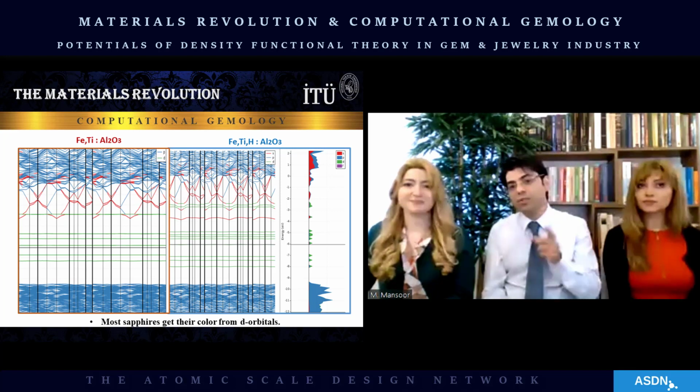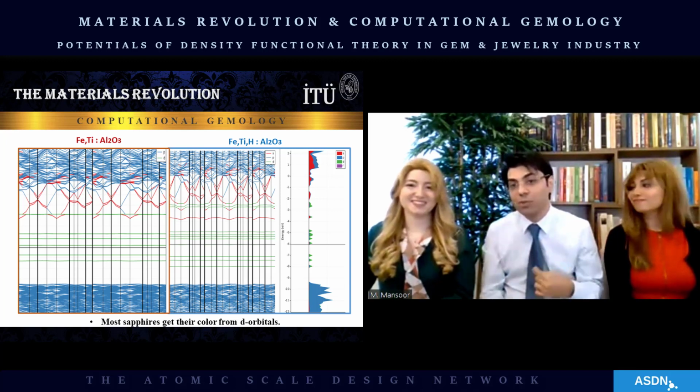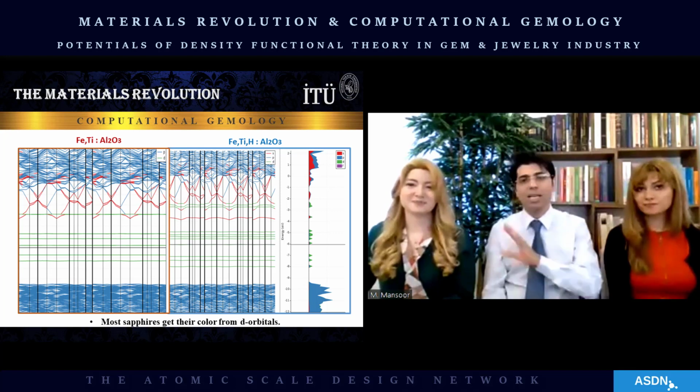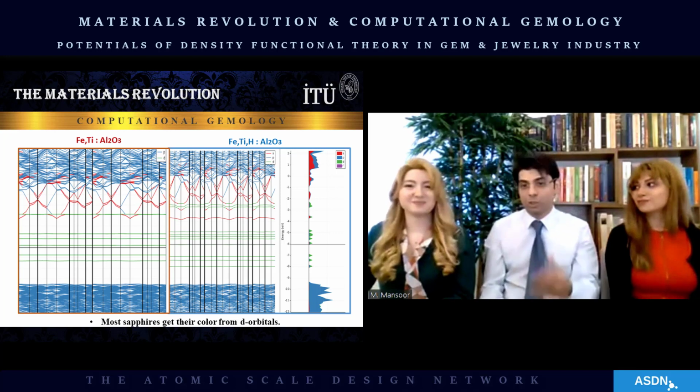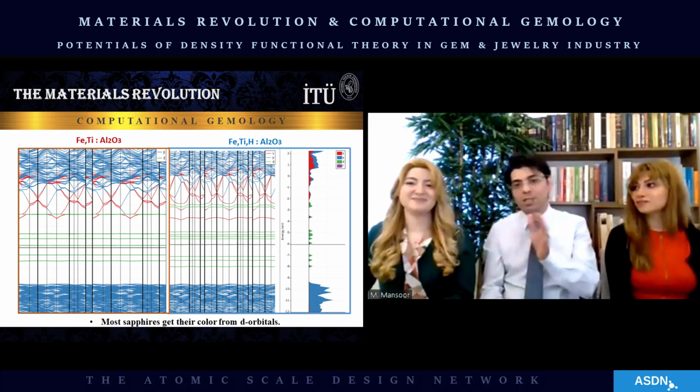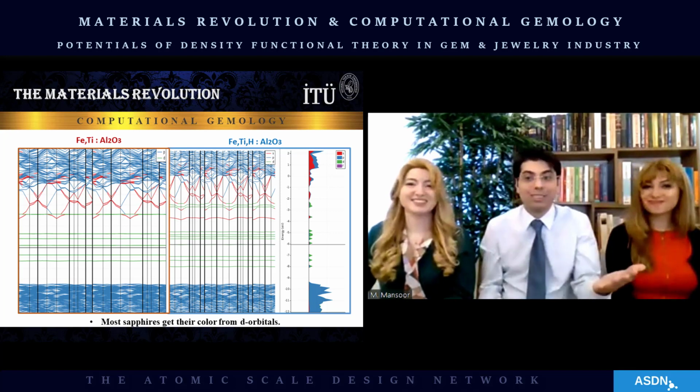So I think this is a very good example of highlighting why we should actually do these calculations, because this is almost next to impossible to verify from an experimental point of view. I don't see any way other than computation to find what can be the causes of many of these deviations in shade and color and so on, other than using DFT. So if there is a way, please do enlighten me too.